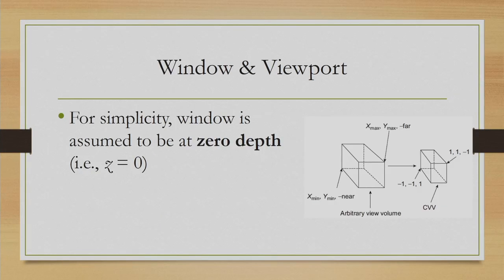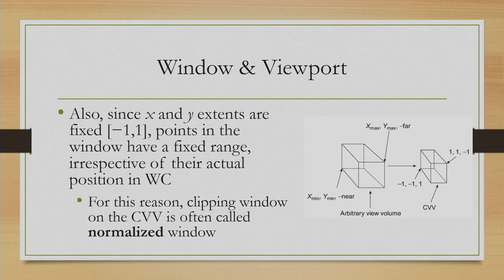We can assume for simplicity that the window is at 0 depth or z equal to 0, just for simplicity, although in general that is not an absolute requirement. It may also be noted that we are talking of canonical view volume, that is x and y extents must be within a fixed range irrespective of their actual position in the world coordinate scene.